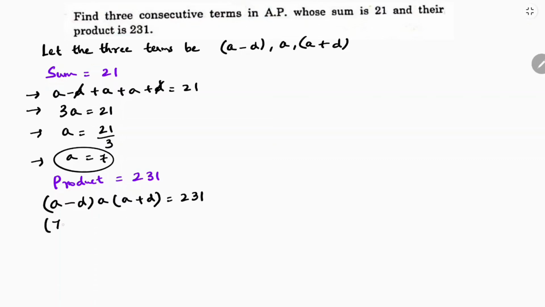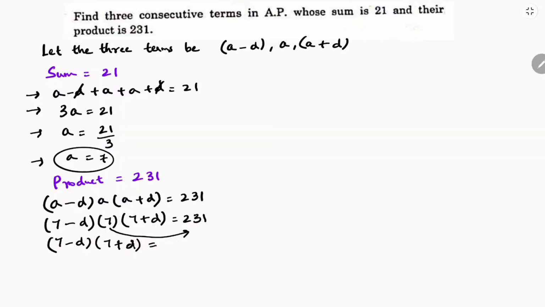The value of a is 7, so 7 minus d into 7 into 7 plus d is 231. This 7 I'll transpose to the right side. So I get 7 minus d into 7 plus d is 231 by 7.